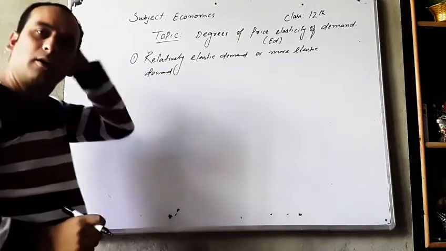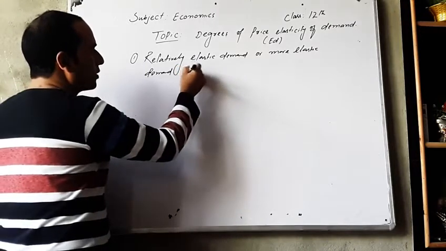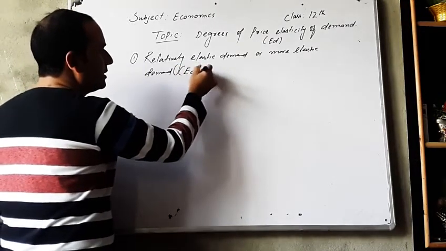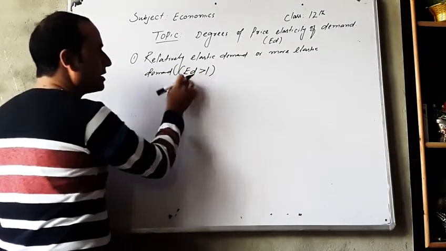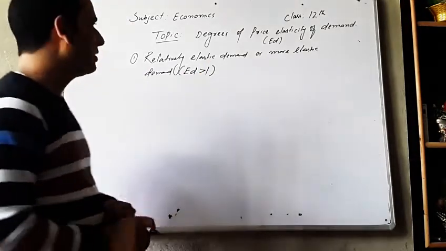Relatively elastic demand or more elastic demand. Here the coefficient of elasticity of demand is denoted as elasticity of demand greater than 1. So what is elasticity of demand greater than 1 or more elastic demand?